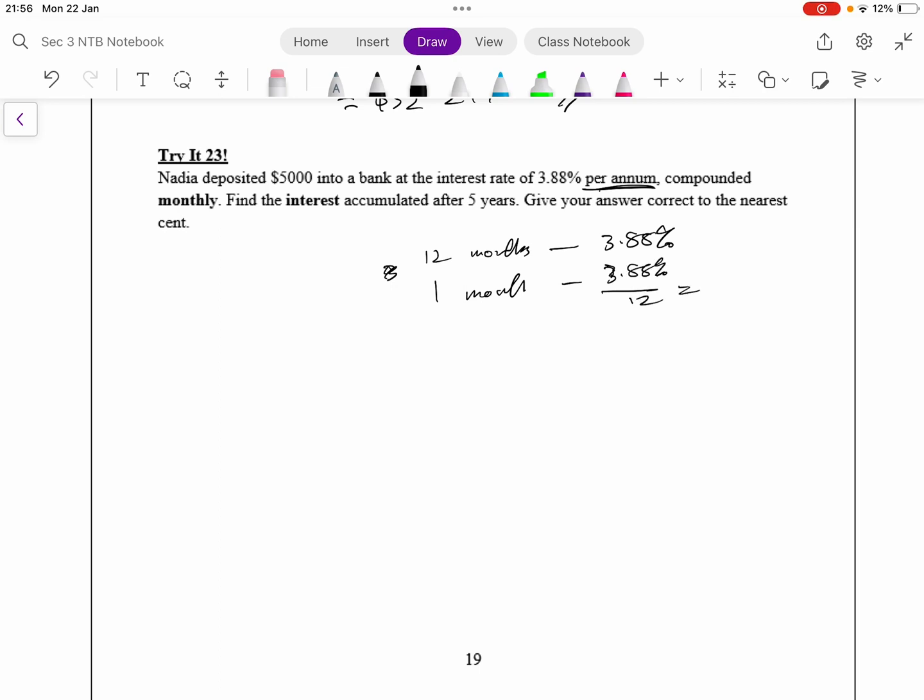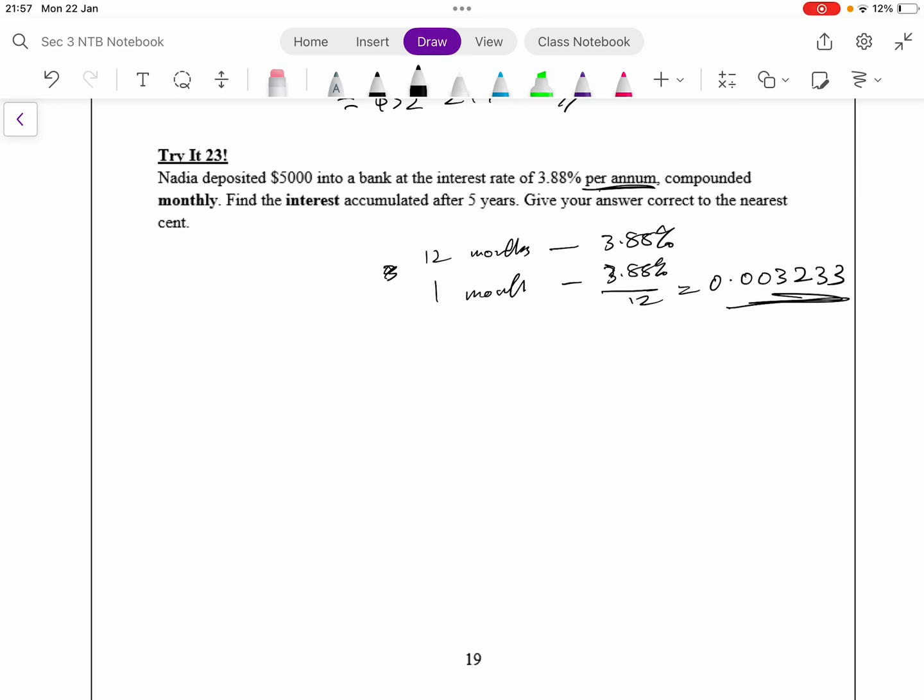Convert it into decimal: 3.88 divided by 100, then divide by 12. Right, it will be 0.003233. So this is my interest rate per month.